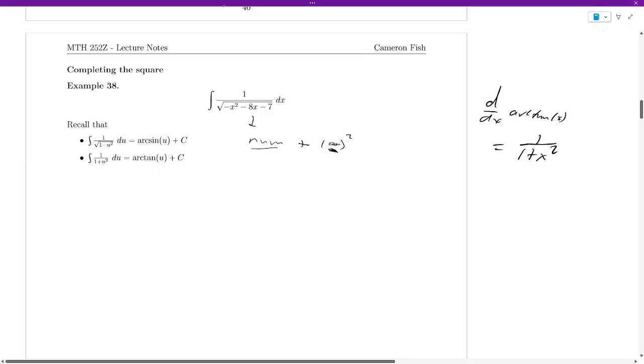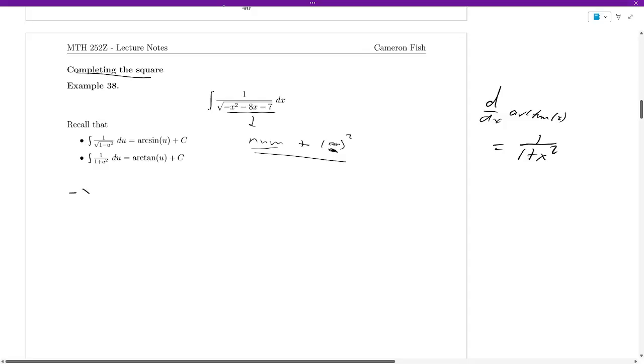So I want a way to take this quadratic and turn it into something plus something squared as an in-between step. It turns out there's a way to do that you may have learned before, called completing the square. It takes a quadratic and turns it into this exact format, a number plus something squared. So let's see what that looks like.